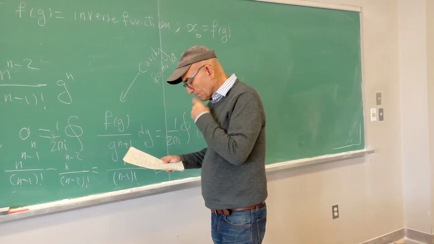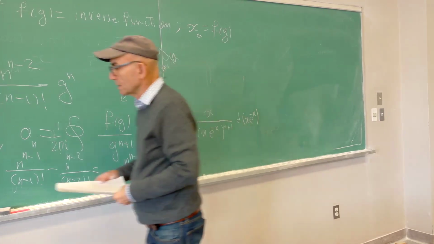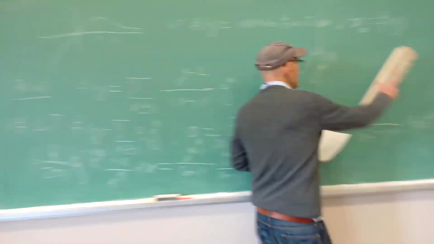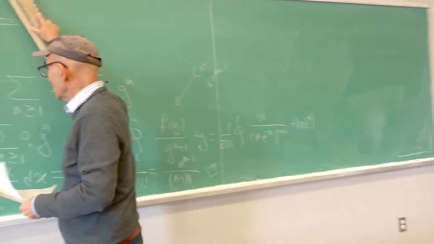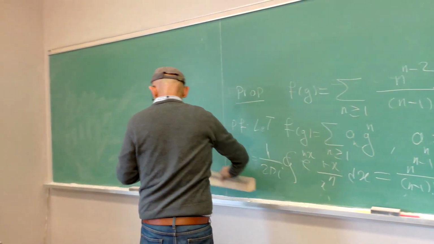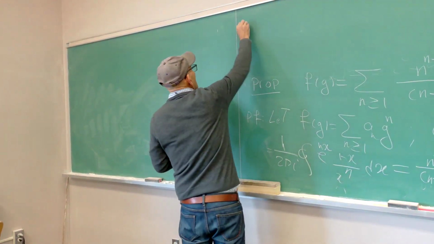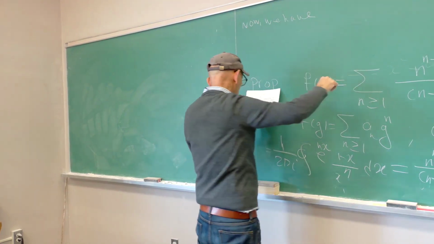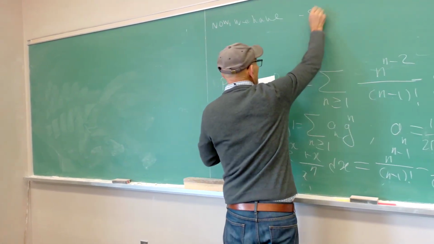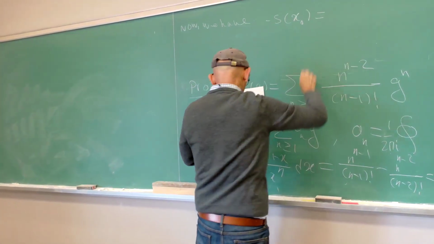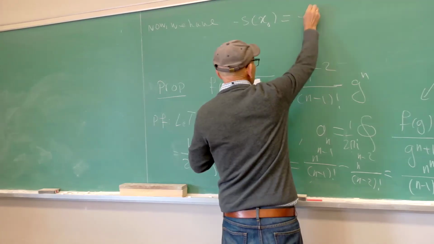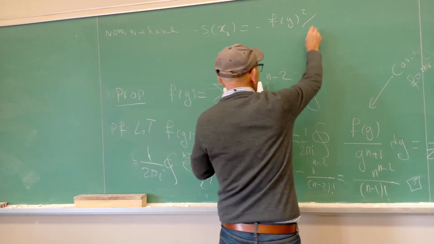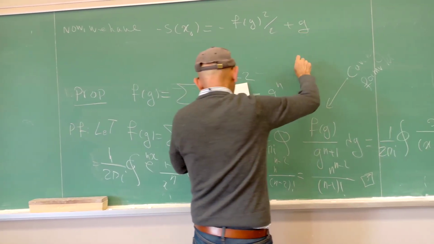So then we write down the critical point equation, and then basically it will be done soon. We have the critical point equation, minus s of x0, which we compute now: s of x0 equals negative f of g squared over 2 plus g e to the f of g.